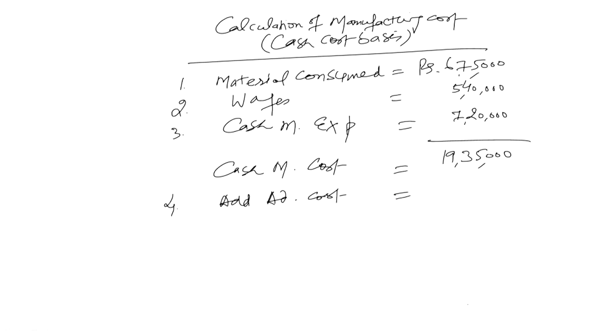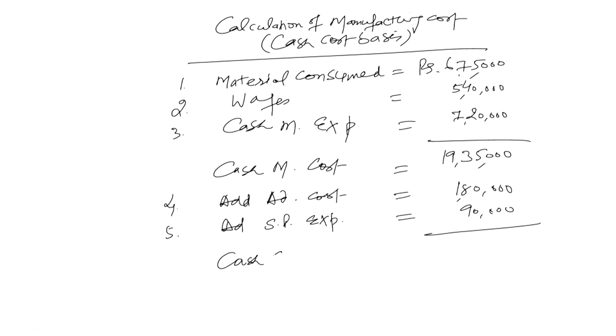So in this case we have to take the administrative cost. Administrative cost is how much here? Total administrative cost is 180,000, and then add sales promotion expense. Sales promotion expense was how much? We have seen it is total 90,000 for the whole of the year. So this cost works out as how much now? This is the final cash cost of sales.